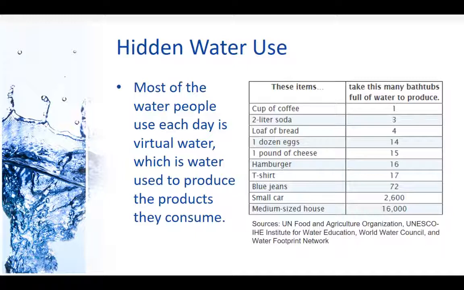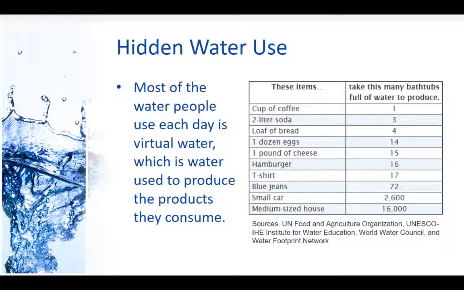Okay. Hamburger. Then we start looking at non-food related things. Last class, we only really looked at food related things. T-shirt, 17 bathtubs. Blue jeans, 72 bathtubs. Small car, 2,600 bathtubs of water to produce a small car.